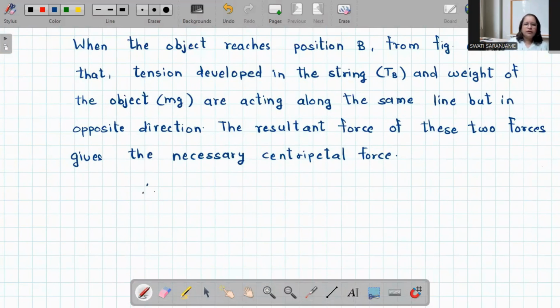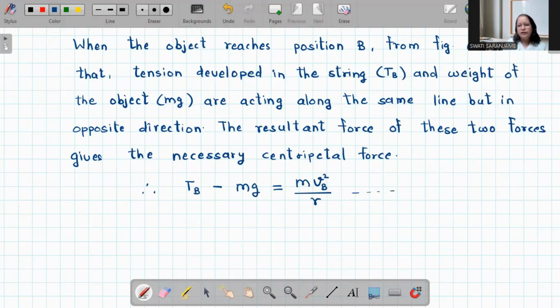So this can be written as TB, which is the tension in the string, minus mg. Why minus? Because both these forces are acting in opposite direction, and the resultant of these two is now providing that object the necessary centripetal force, which is written as m vB square by r.